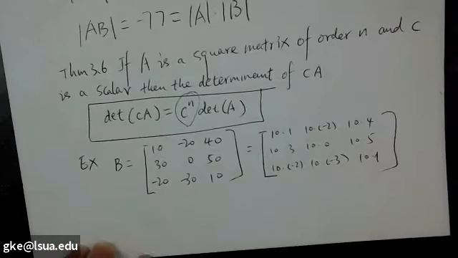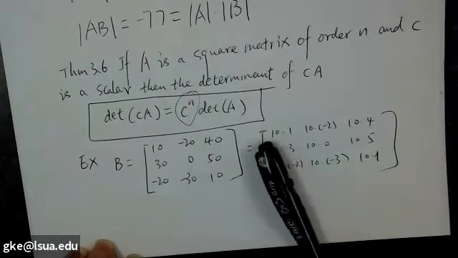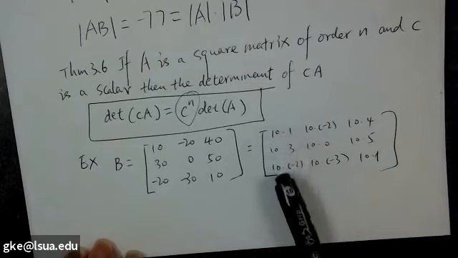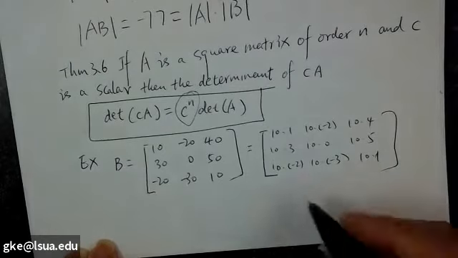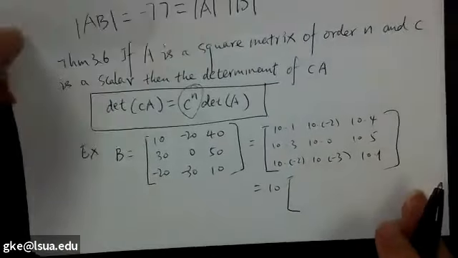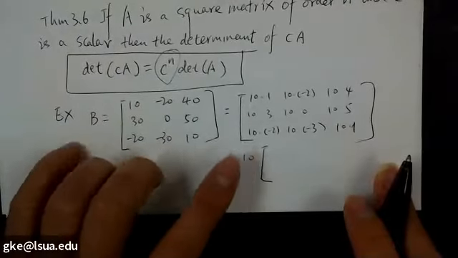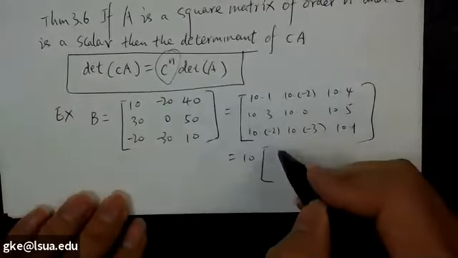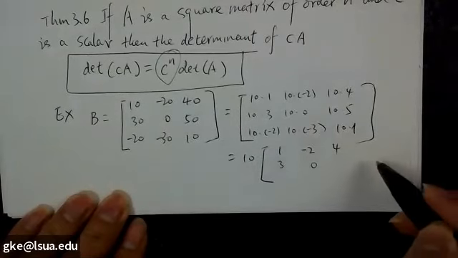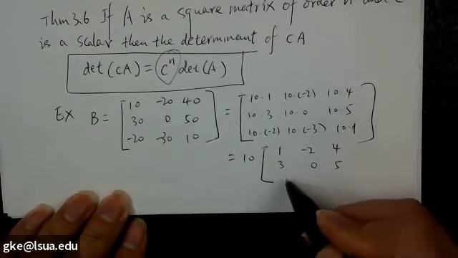It's very clear that the scalar C equals 10. So if we want to remove the 10 outside, we can just remove it, as we did before. We remove this 10 outside of the matrix. That is a scalar multiplication for the matrix.